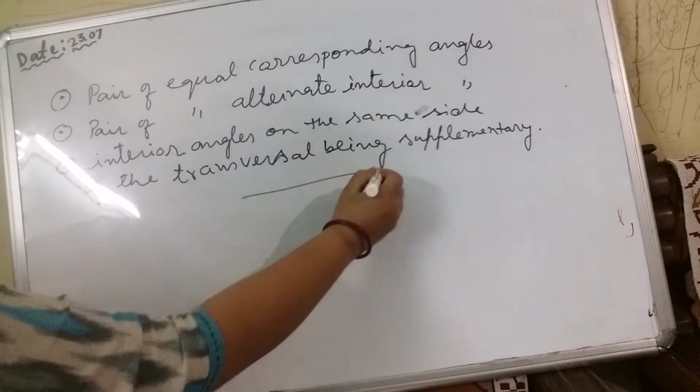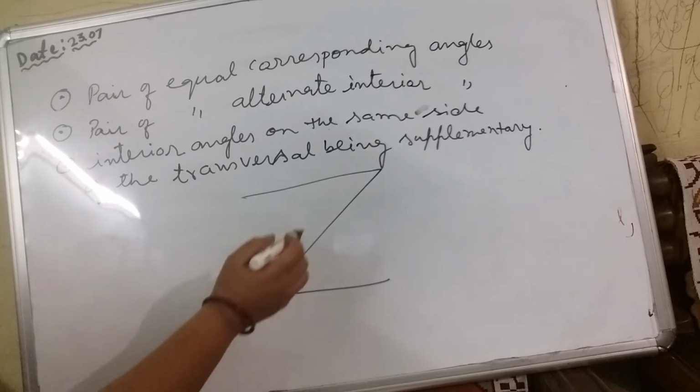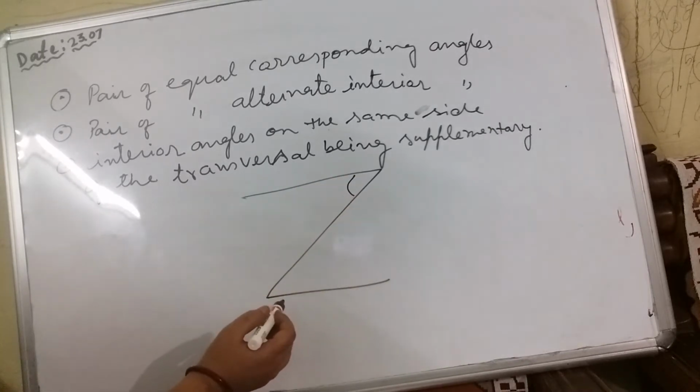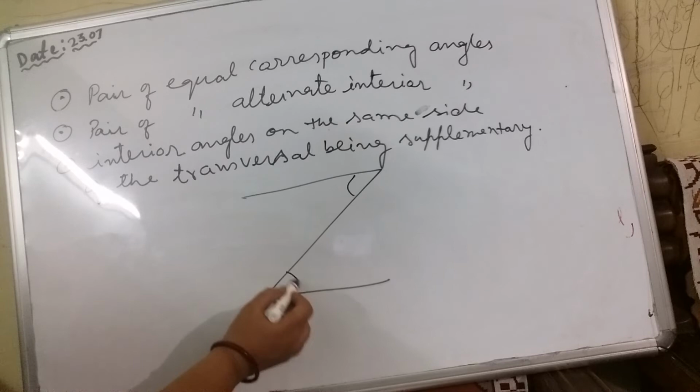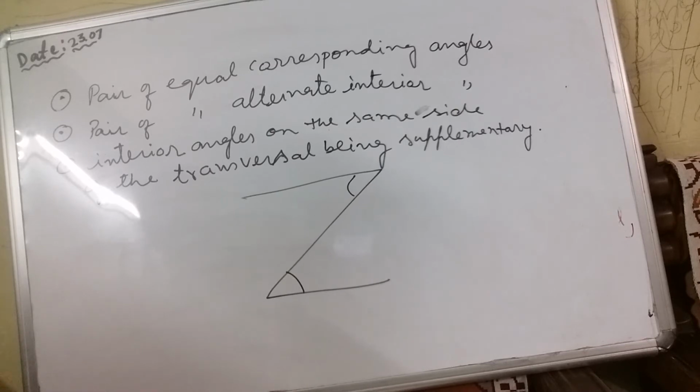Say, look at the letter Z. The horizontal segments here are parallel because the alternate interior angles are equal.